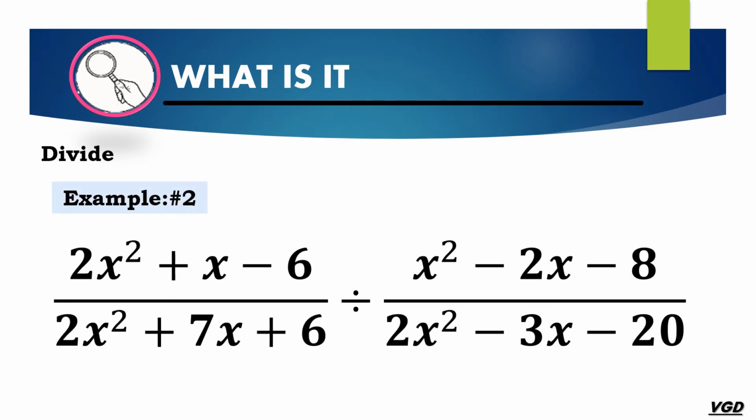Now let's proceed to our second example. We have here 2x squared plus x minus 6 over 2x squared plus 7x plus 6 divided by x squared minus 2x minus 8 over 2x squared minus 3x minus 20.